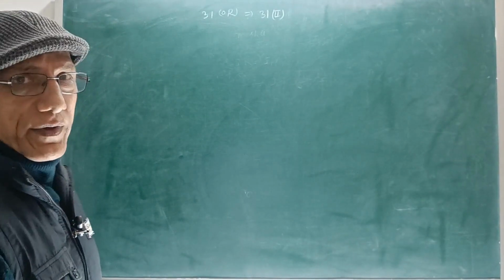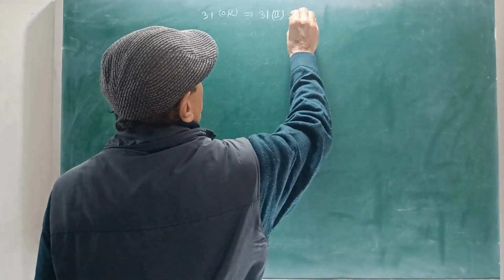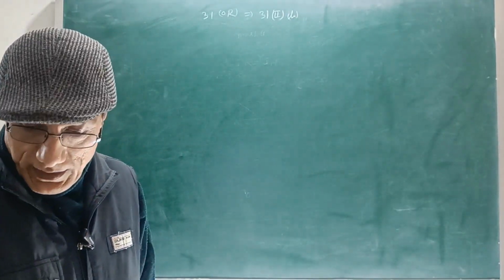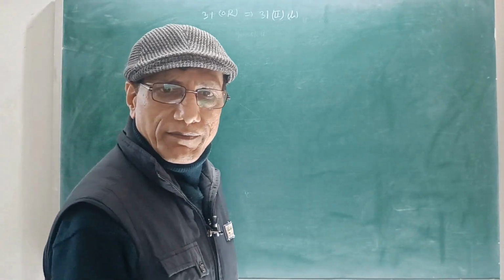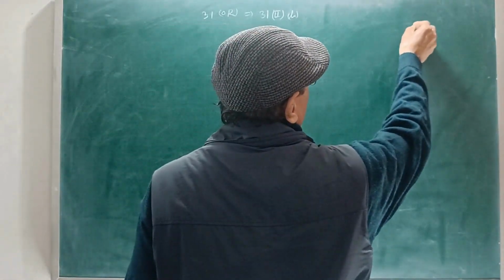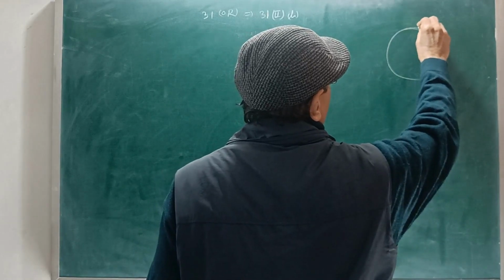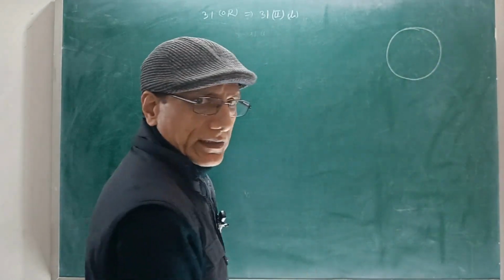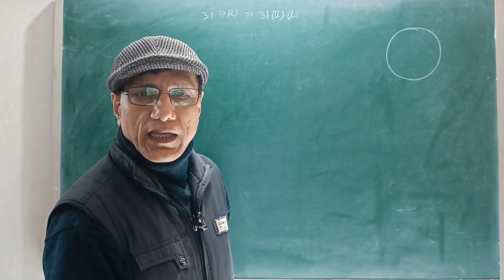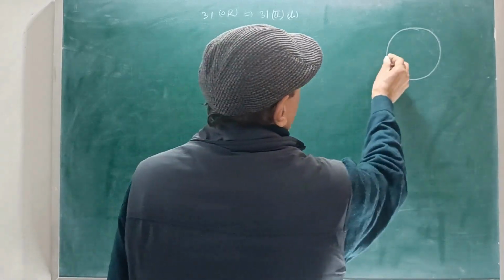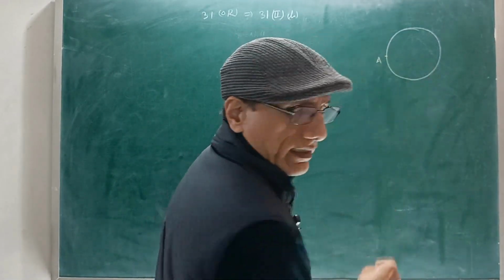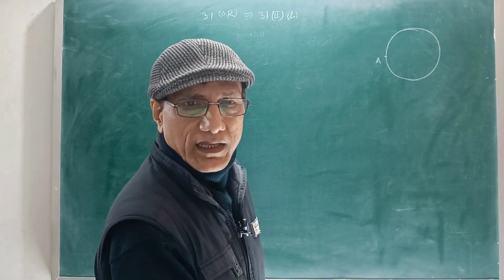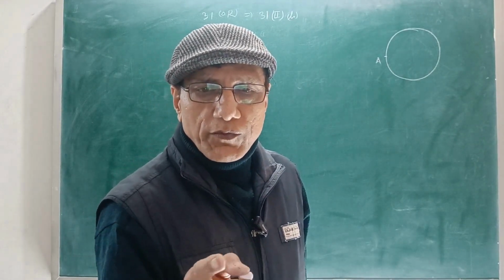Now 31st second B part. Here we have the circuit diagram given to us. This is the circle and it is a wire of uniform cross section.